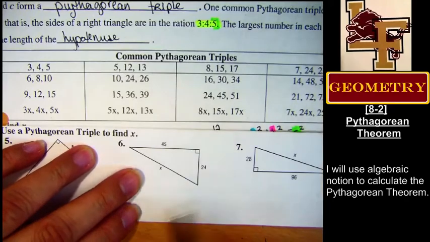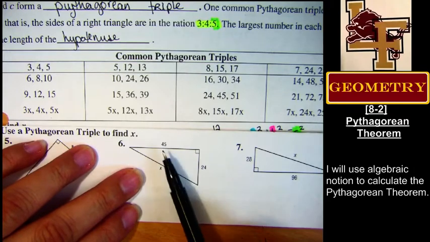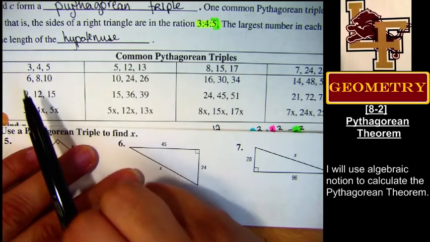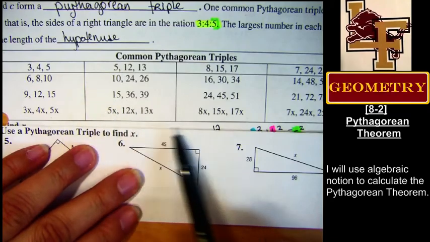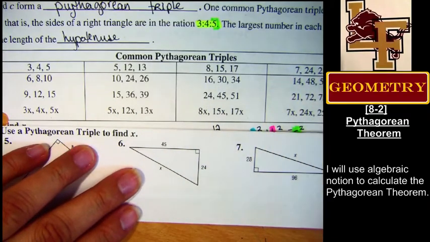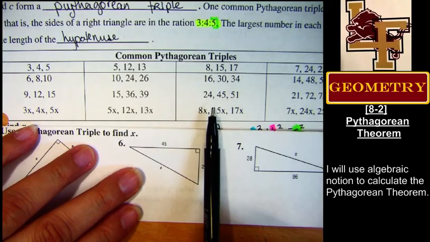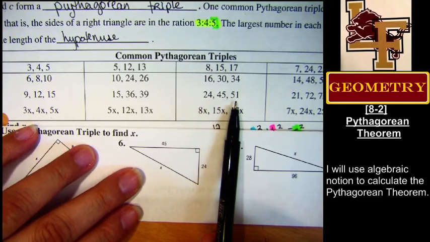So number 6, I don't see a hypotenuse value. I'm looking at legs with 24 and 45. So you're looking at the 2 smaller numbers being 24 and 45. Do I have them? Yes. Where? Here. There it is. Which means my hypotenuse measures 51.